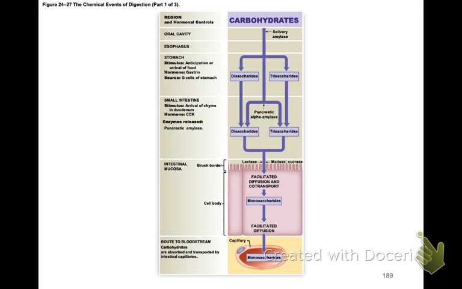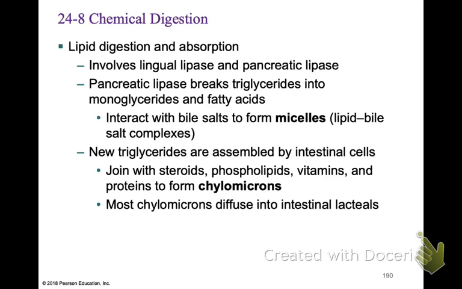We absorb them by either facilitated diffusion or by co-transport, and then they pass through the epithelial lining to get to the bloodstream, and they're going to get carried through the capillaries in the intestinal villi. And from those capillaries, they're in the blood, so they go straight to the liver through the hepatic portal circulation.